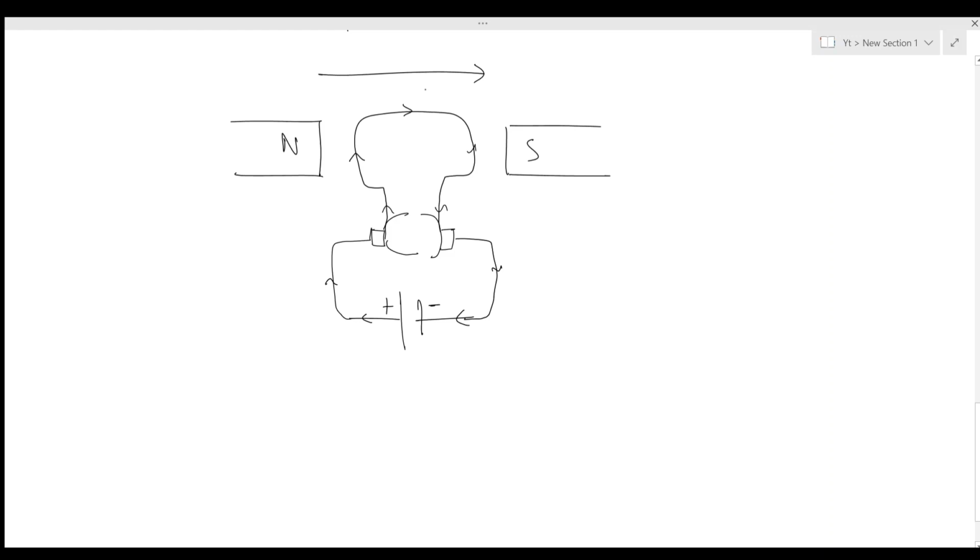Okay. Now, let's assume that in this position it's into the plane, as in the current is going inside the plane, and in this position it's out of the plane, so the current is coming outside.